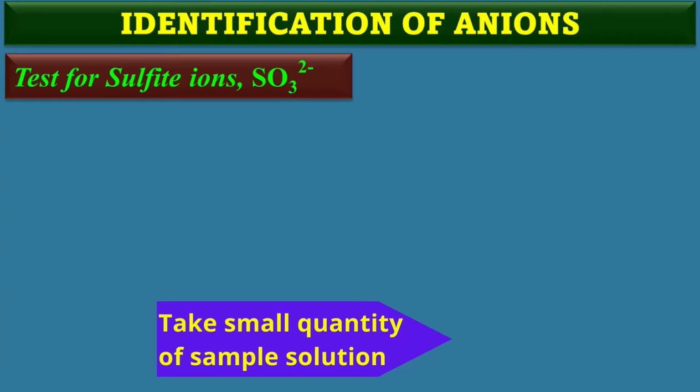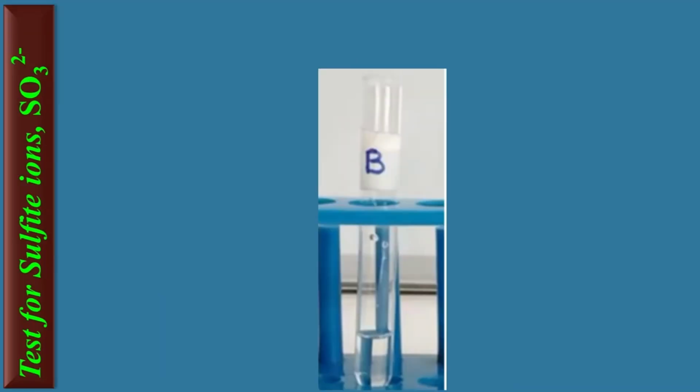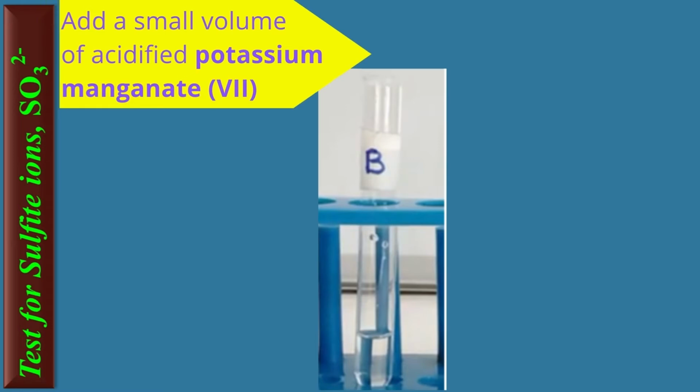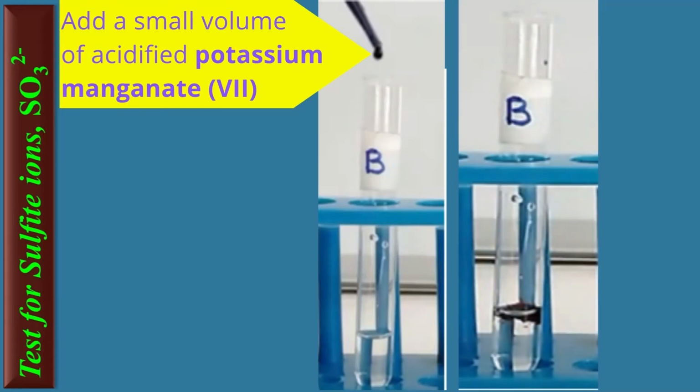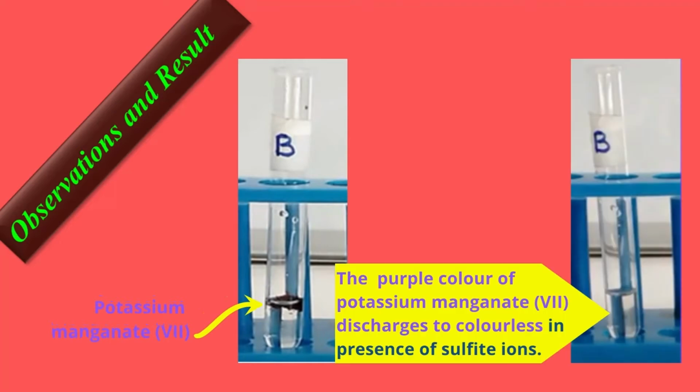Test for sulfite ions: take a small quantity of sample solution. Add a small volume of acidified potassium manganate(VII), which is purple in color. On shaking, the purple color of potassium manganate(VII) is discharged to colorless in presence of sulfite ions.